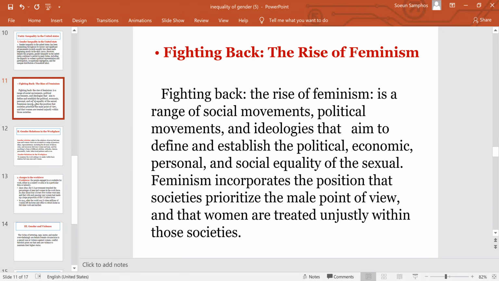Now I present the point, fighting back the rights of feminism.